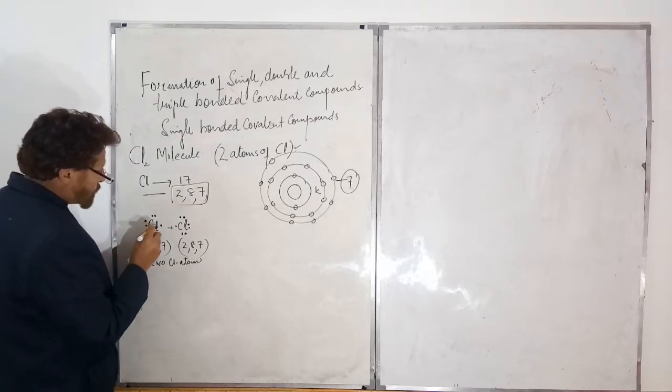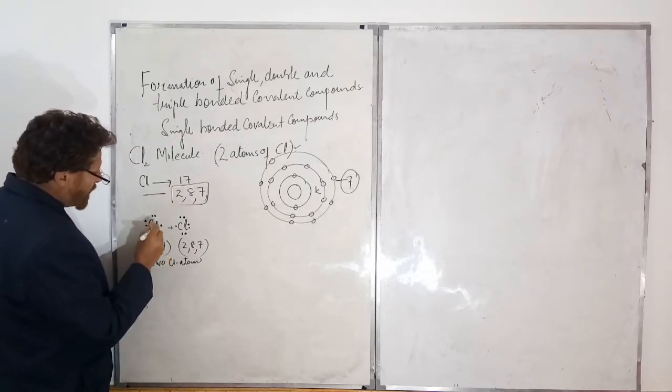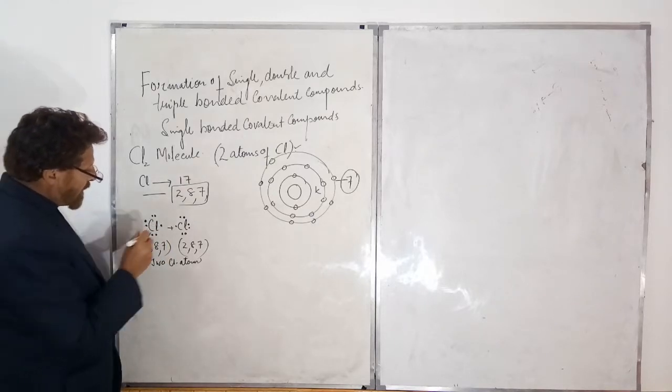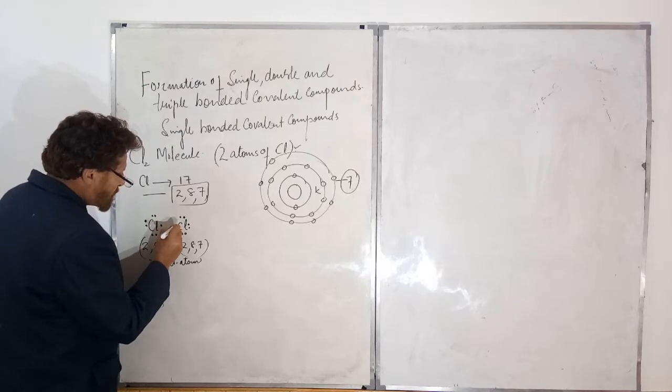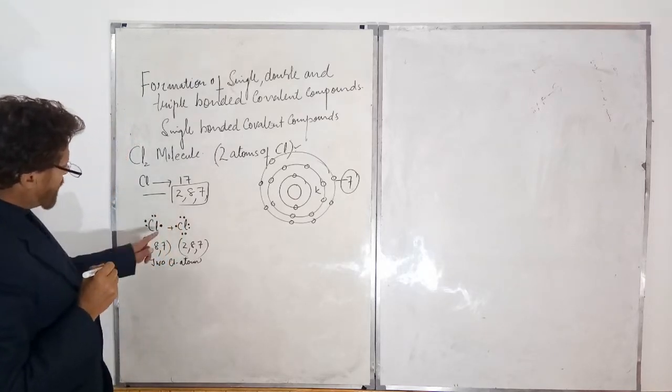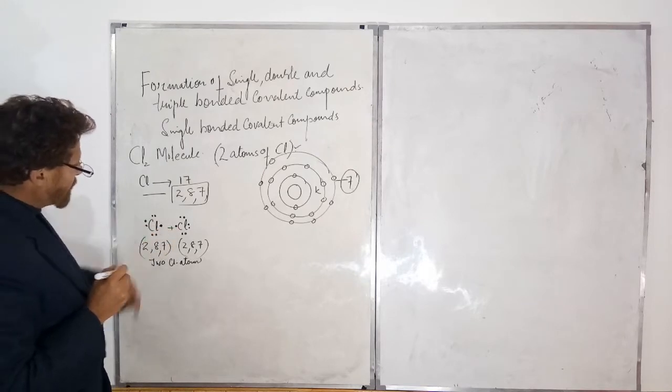Now these two chlorine atoms will share 1 electron each, giving one pair of electrons, and form a single covalent bond between the chlorine and the chlorine.